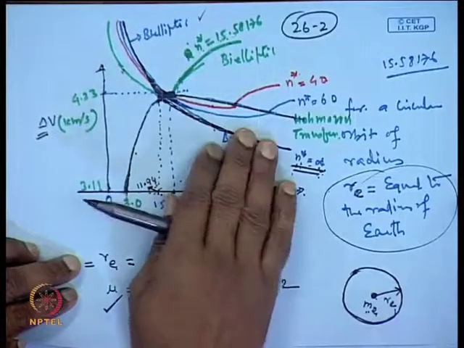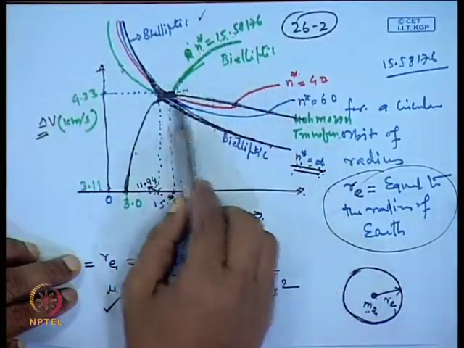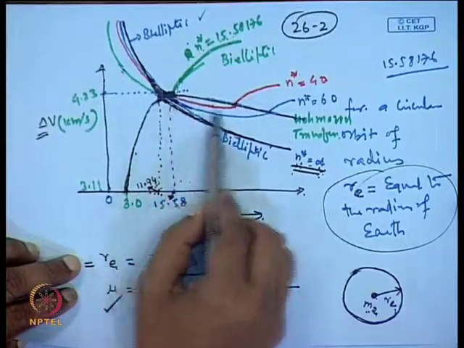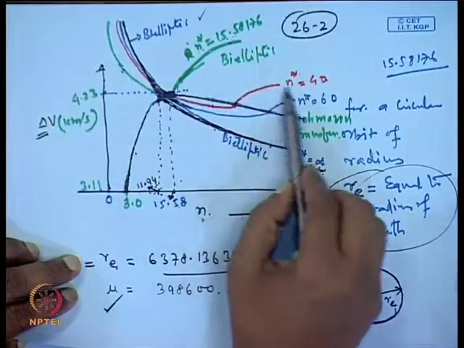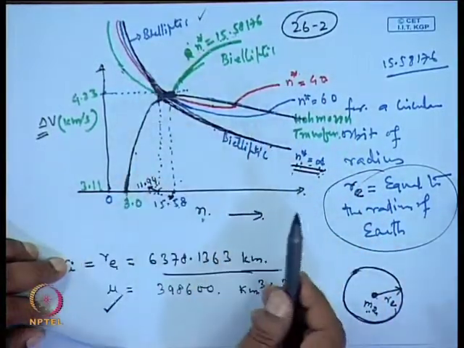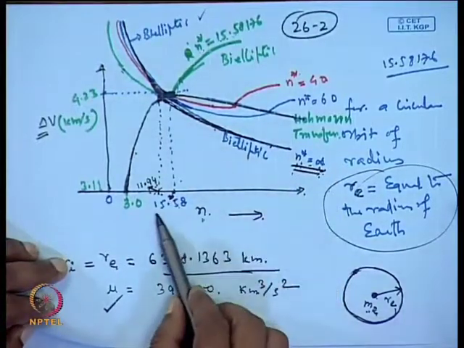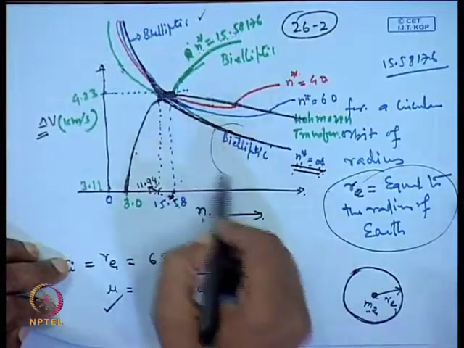So, this case is eliminated, and we can look for the other cases for the intermediate values like n star equal to 15.58 or n star equal to 40 or n star equal to 60, which are going to be more efficient as we go above the 15.58 point, but this is obviously not useful.